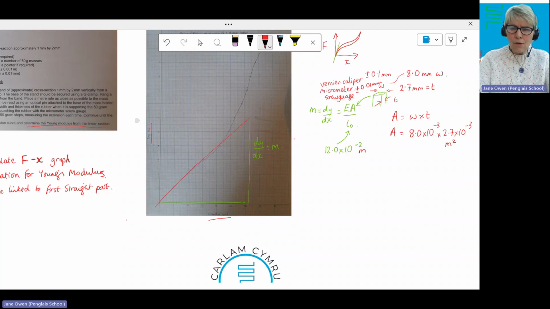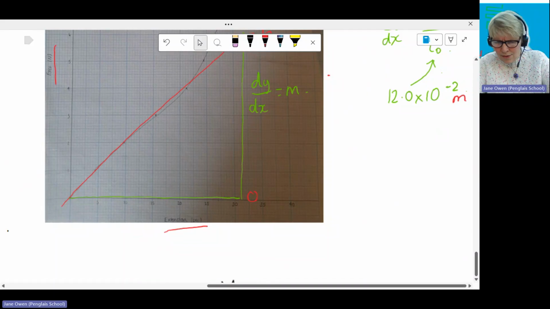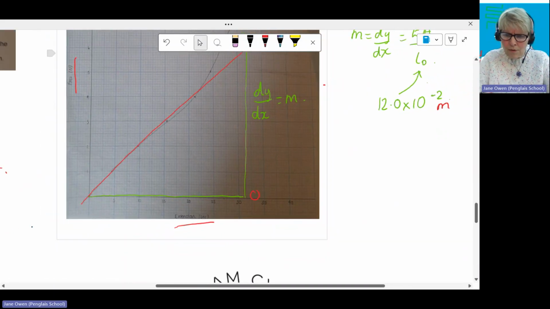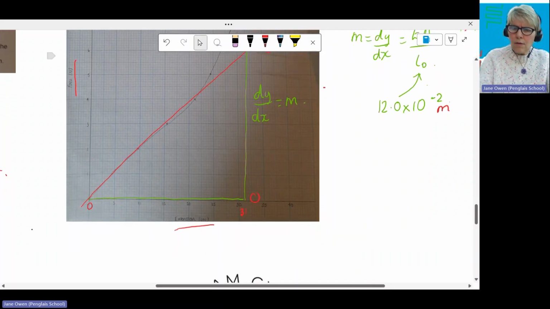So that leaves my gradient here, dy by dx. When I'm reading this off, 6, 0, and 31, because every 2 goes up in 1, 31 and 0.